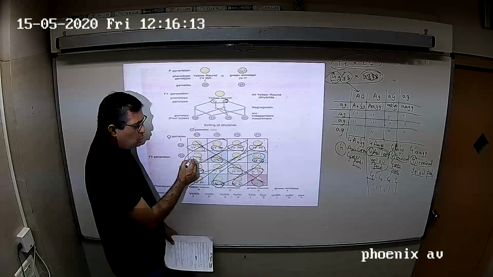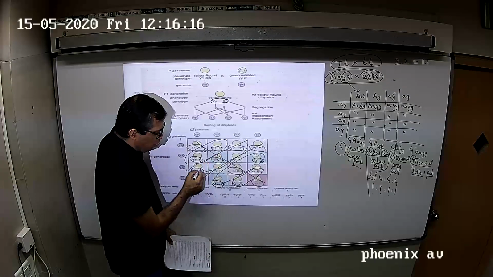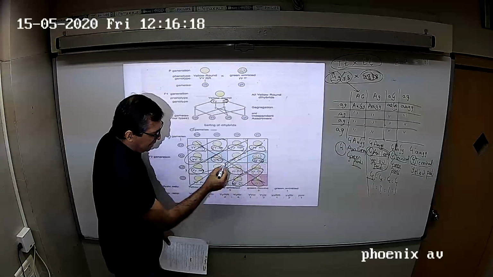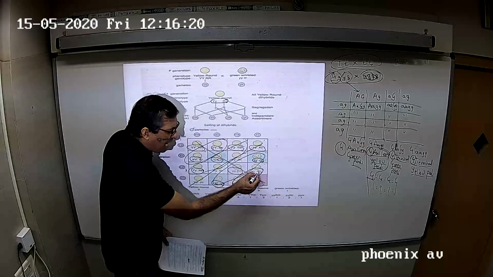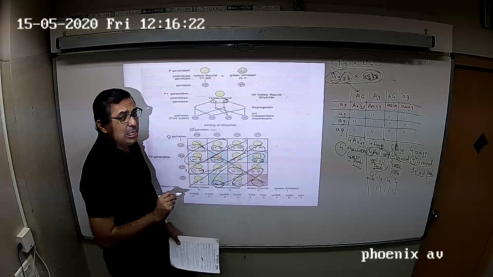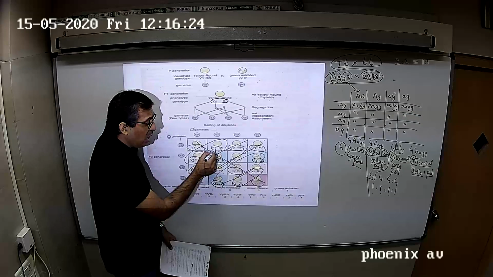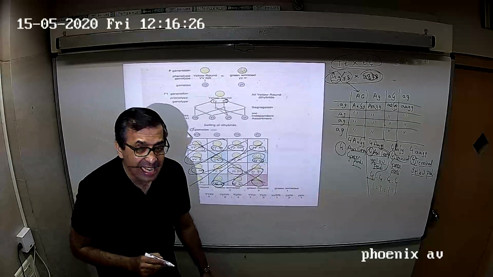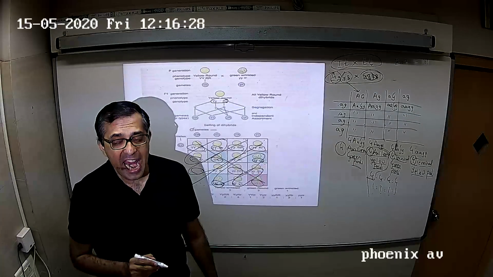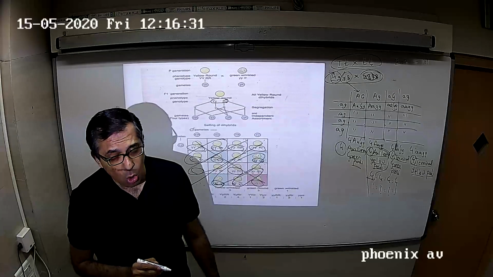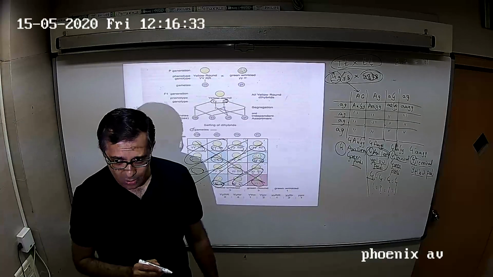So 2 plus 2 plus 2 plus 2, 8 plants are single homozygous and single heterozygous.